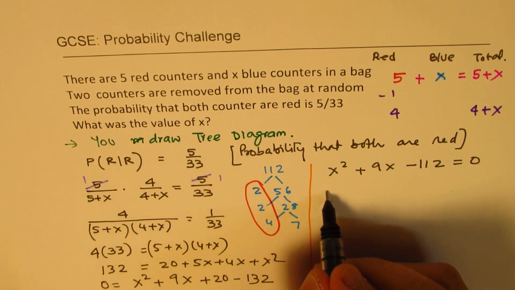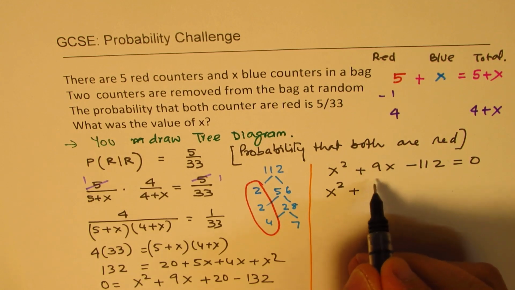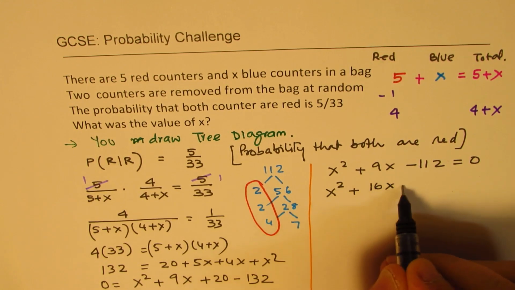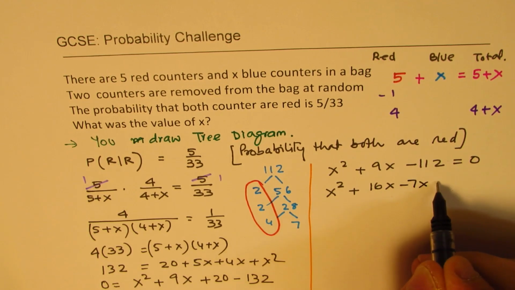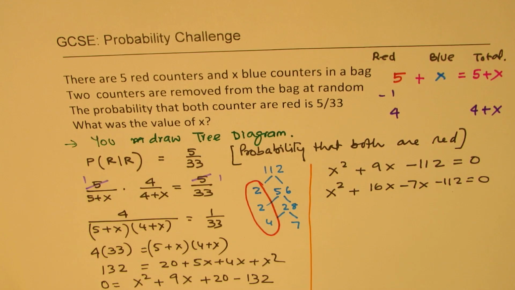This is a very critical step. So we can split 9x into 16x on the positive side, minus 7x. You understand, right? Minus 112 equals 0.